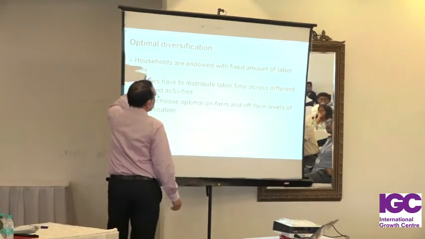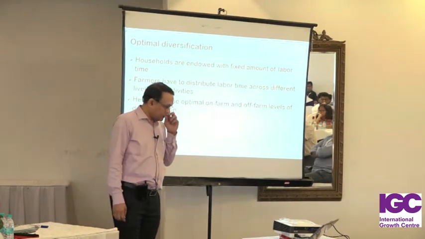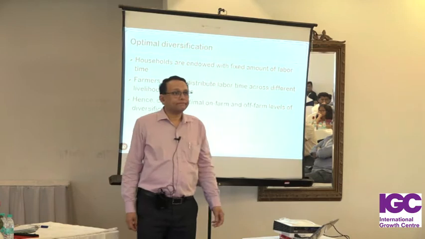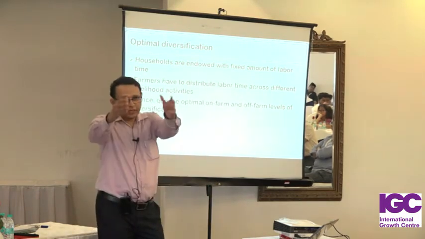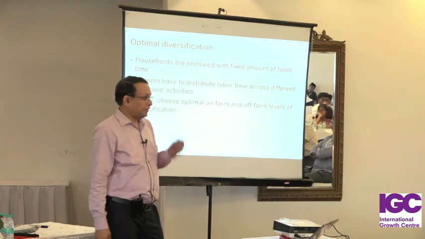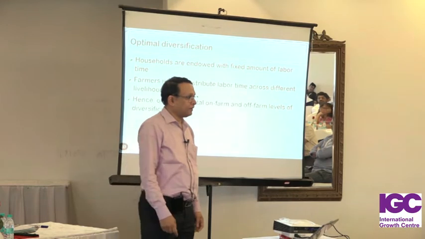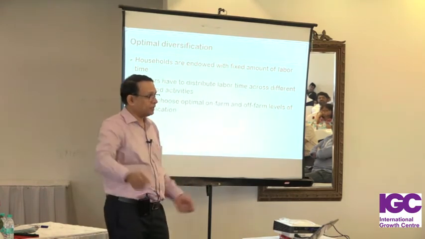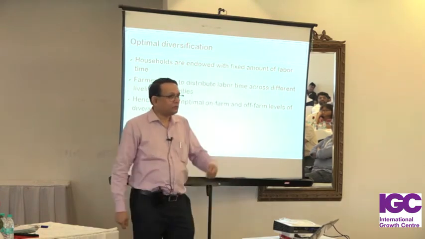People have to distribute their labor time across livelihood activities. So, for example, you have a farm, you are also working as, say, a bus driver. You have done 8 hours of bus driving and then you come to the farm, you are already a tired person. How much can you work on the farm?